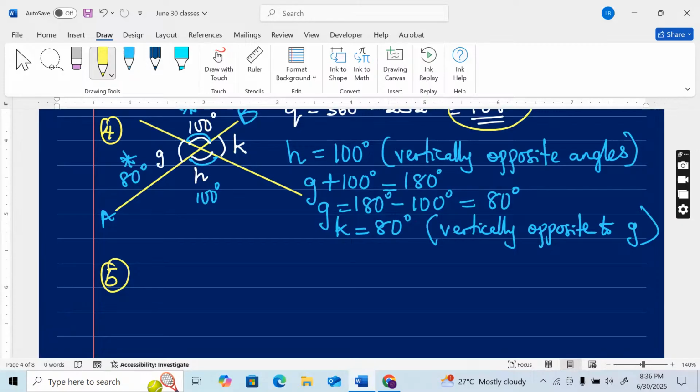You are going to submit this activity to me at the end of the class. We got 80 degrees for letter K. The instruction is: add 3 to the double of angle K.